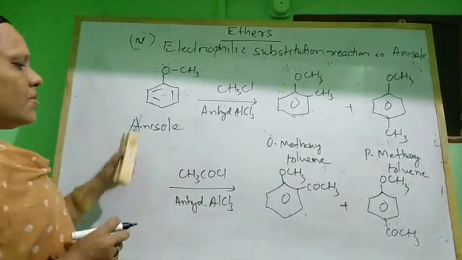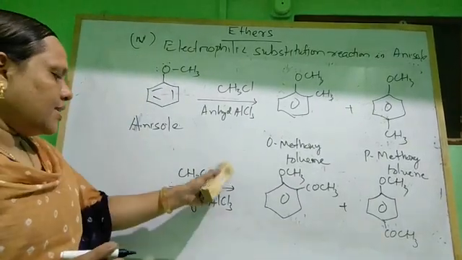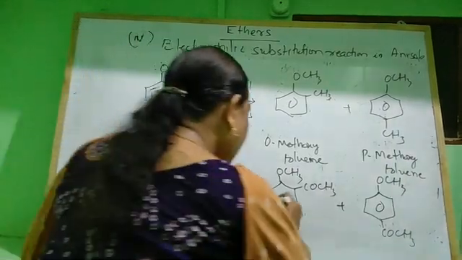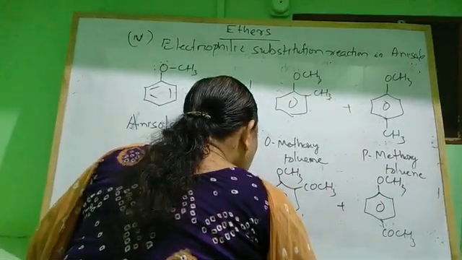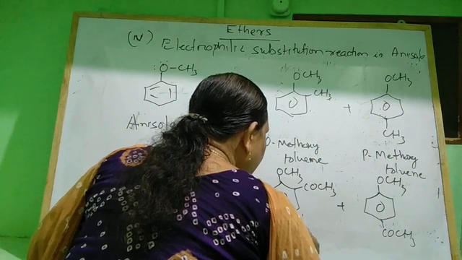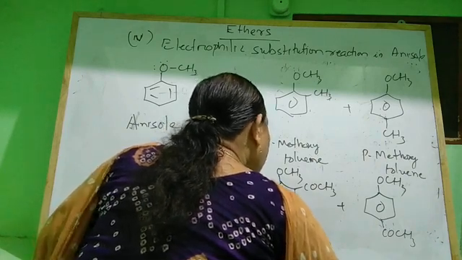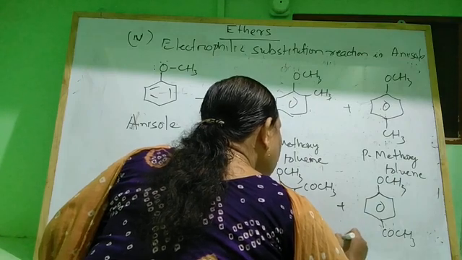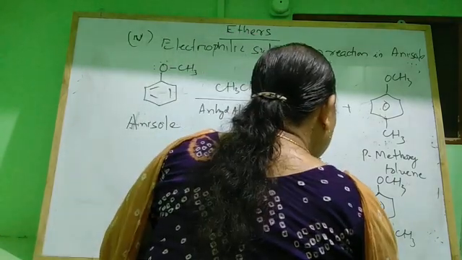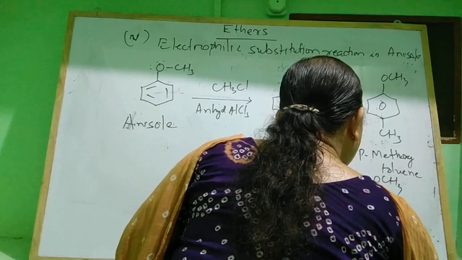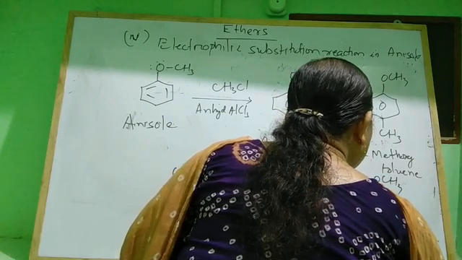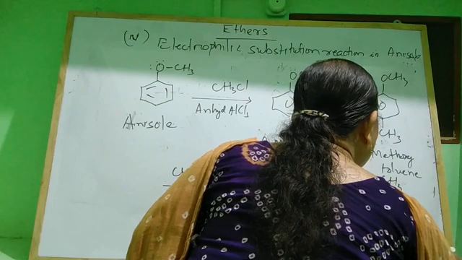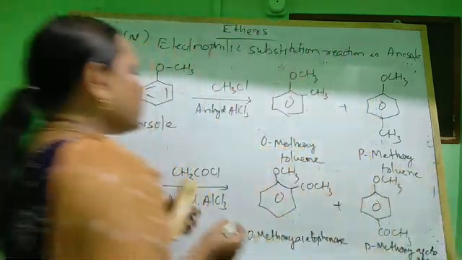So anisole reacts with acetyl chloride in presence of anhydrous aluminum chloride to form orthomethoxyacetophenone and para-methoxyacetophenone.